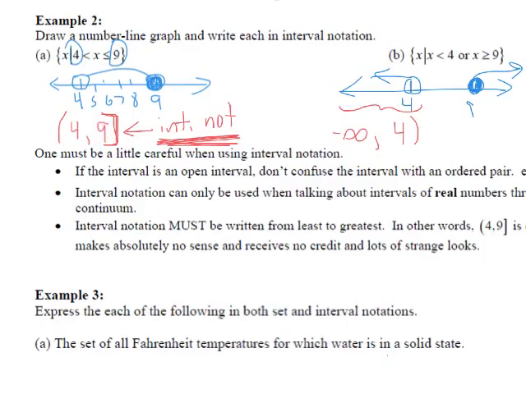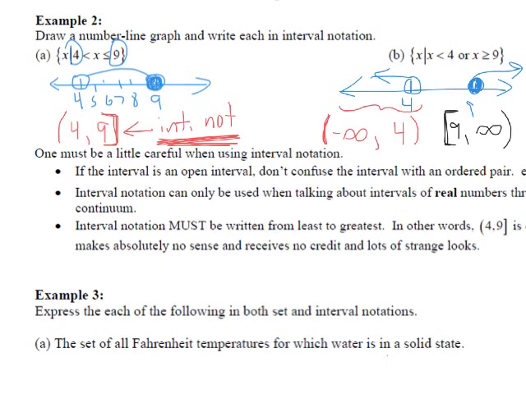And infinity, since it's not a real number, we can't technically grab it, so infinity will always have the soft parentheses. On the right, our lowest value is 9, and our highest value is positive infinity. We do include the 9, so we use a hard bracket, and again, infinity always gets soft parentheses.